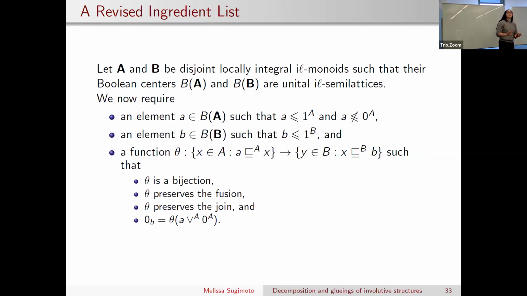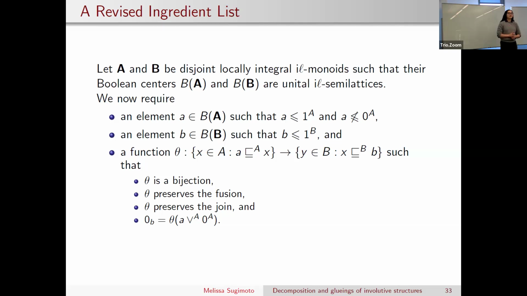And now we have a revised ingredient list, which is fairly similar to the one we had the first time around. But we have some extra requirements. This time we just want A and B to be disjoint, locally integral IL monoids, so we don't require idempotence. But we would like the Boolean centers to be unidal IL semilattices sitting inside them.